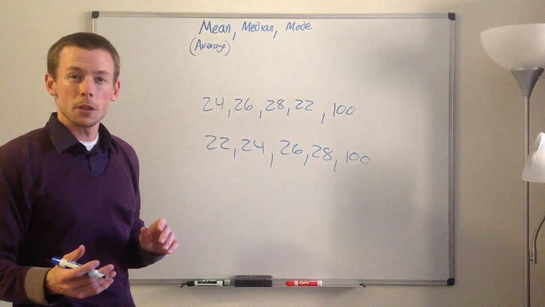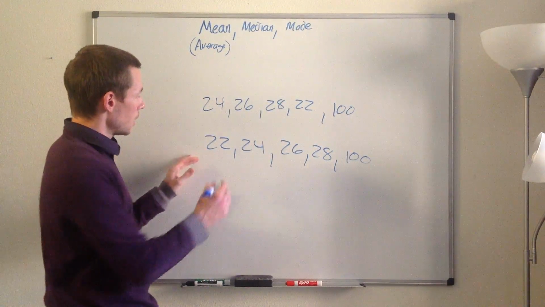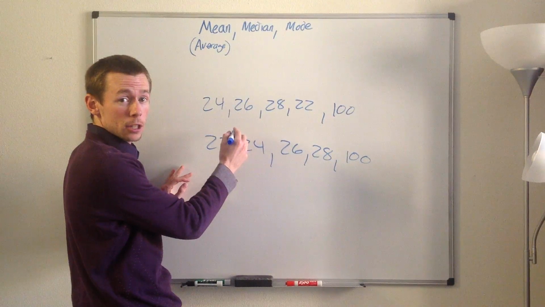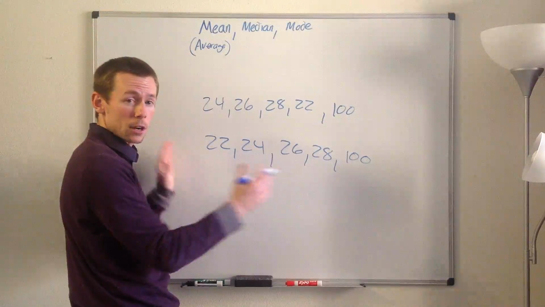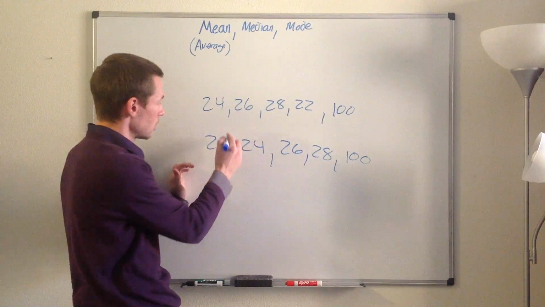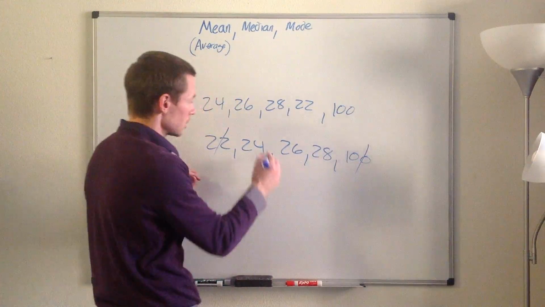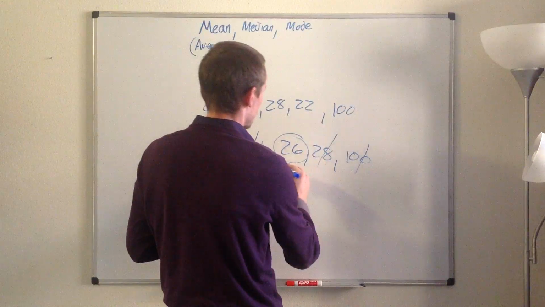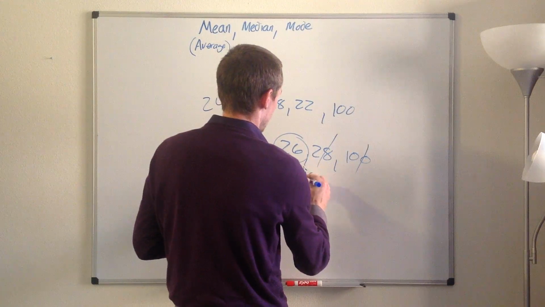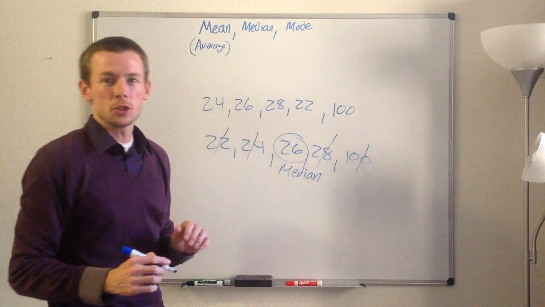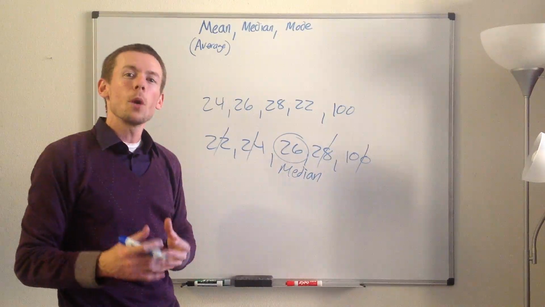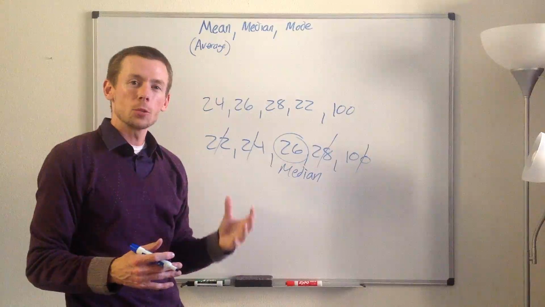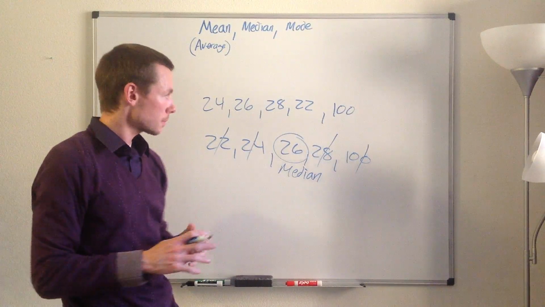Now I want to look for the number in the middle. Well, I can do that by crossing off the smallest and the largest, and then the second smallest and second largest until I get to the middle. So smallest, largest, second smallest, second largest, and our median is 26. So you can see 26 is a much better representation than 40 was, and that's why median can be helpful.